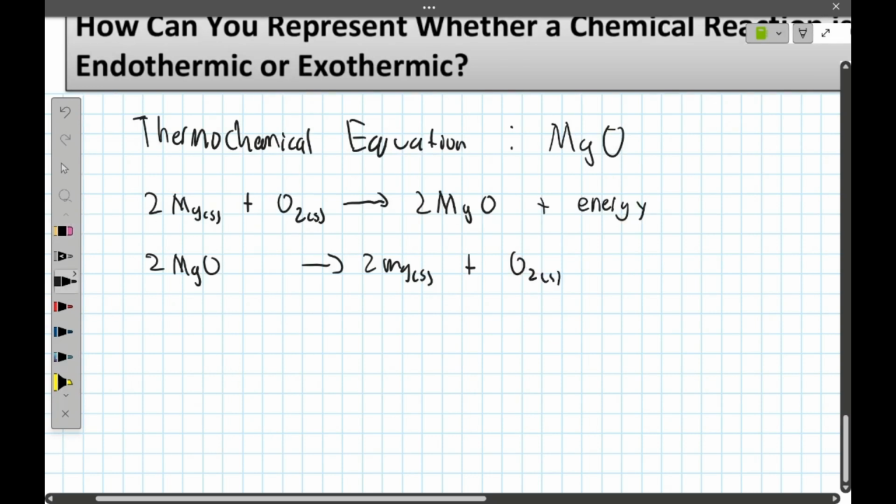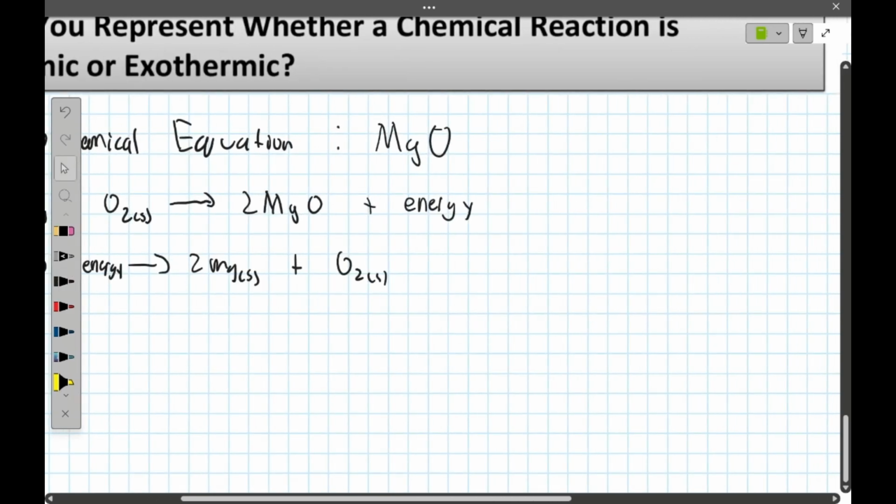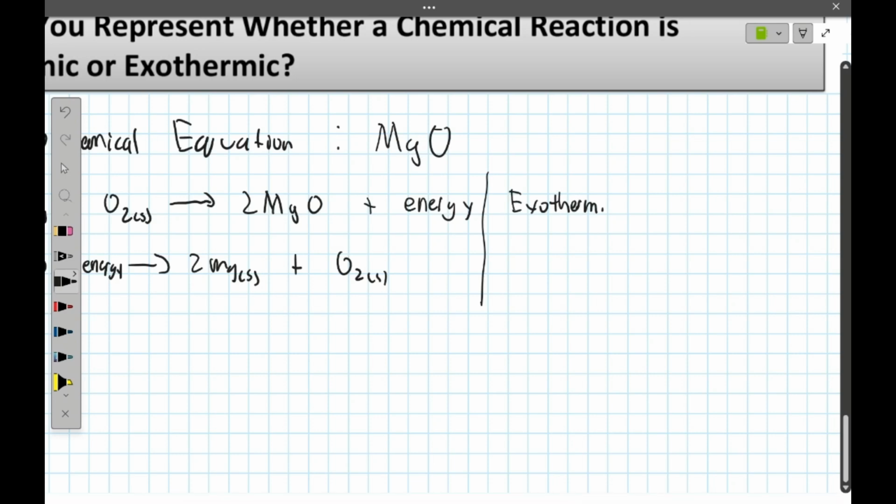Here, if we put energy on the side of the reactants, then this will become an endothermic reaction. So this side right here, exothermic, and endothermic.